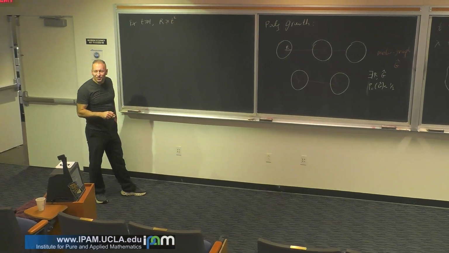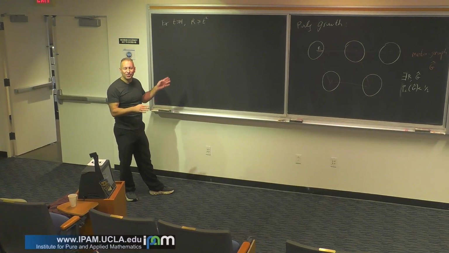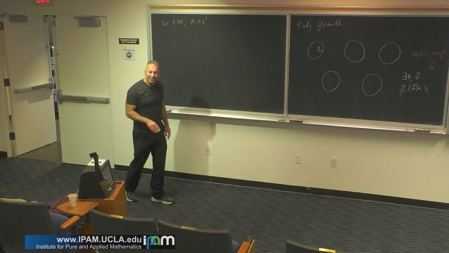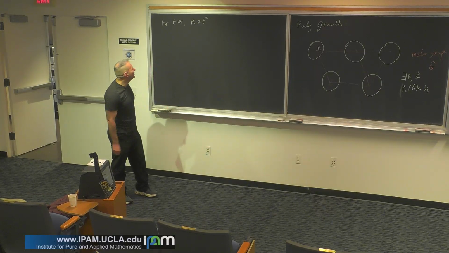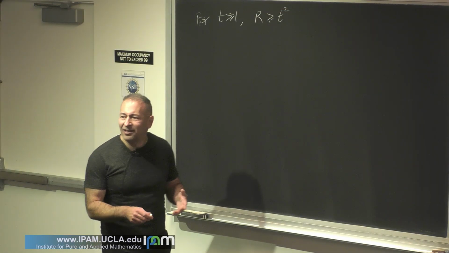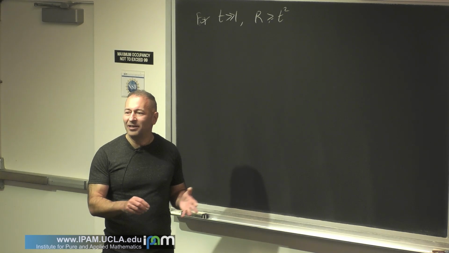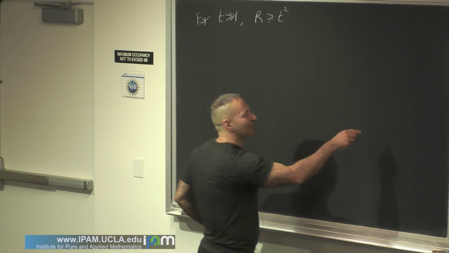So the time to exit the ball in this essentially polynomial growth is on the order of t squared. The two-dimensional case may be a bit different, but let's not get into details. So for this, a frog is likely to encounter many new frogs, many new vertices inside the ball.